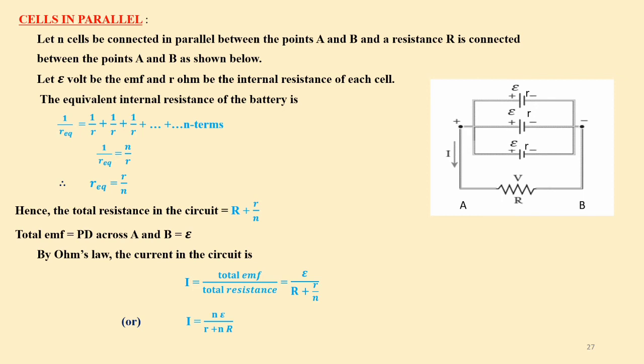The total EMF is equal to the potential difference across A and B. That is nothing but equal to the EMF E. By Ohm's law, the current in the circuit is given by I equal to total EMF by the total resistance, that is equal to E divided by capital R plus small r by n, or capital I is equal to n times E divided by small r plus n capital R.